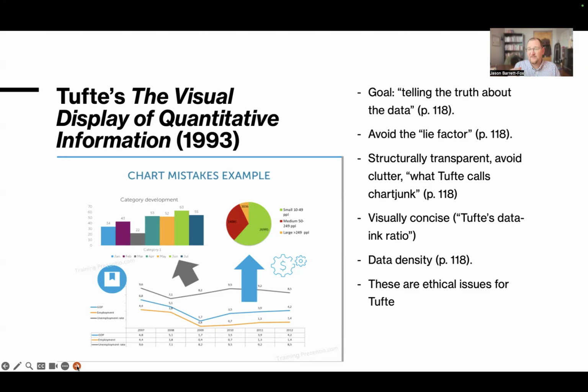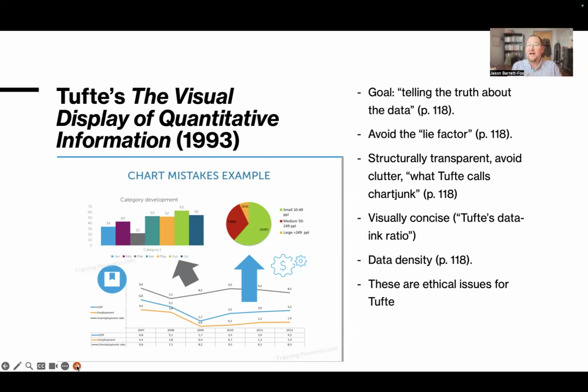It's an ethical concern because it allows you, if you're being an ethical person, to communicate a lot efficiently, and it allows you to show what you're showing in a way that is not obfuscated, in a way that is as clear and concise as possible. That is an ethics, right?